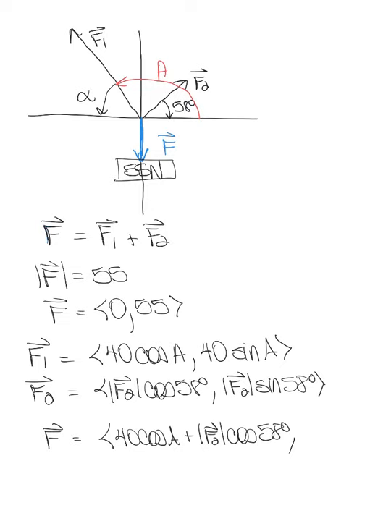And forgive me, I'm going to have to step down here. But the second component is going to be 40 sine of A plus the magnitude of F2 sine of 58 degrees. Now I'm going to move on to the next page. We'll do a copy of this and bring it down with us because I'm running out of room.